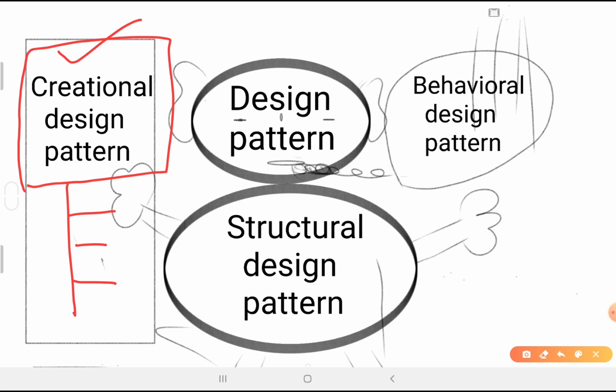The second category is structural design patterns. Structural design patterns deal with the structure of the application. If you want to create or update part of the structure of an application, it should not change the entire structure of the application.